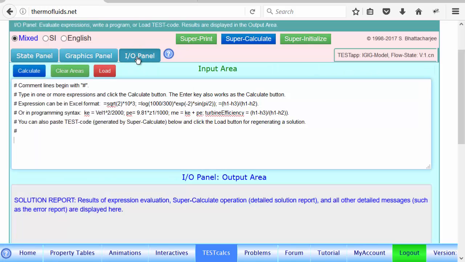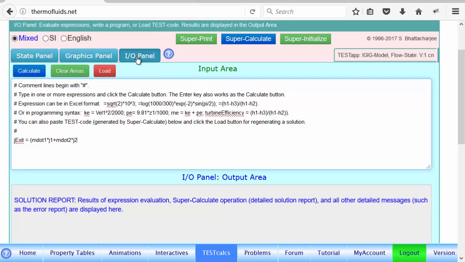So we go to the I/O panel and let's set up an equation. J at exit must equal what? The flow energy at the exit must be the total amount of flow energy coming in. J is basically enthalpy. m dot 1 times J1 plus m dot 2 times J2.